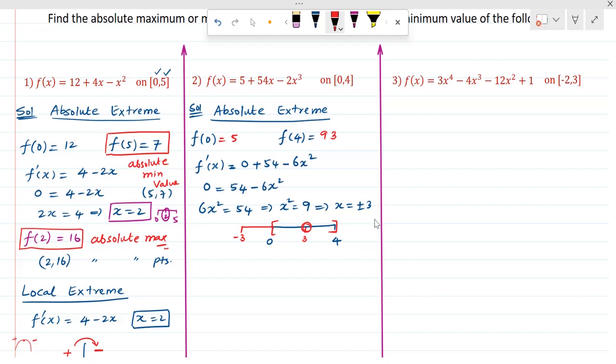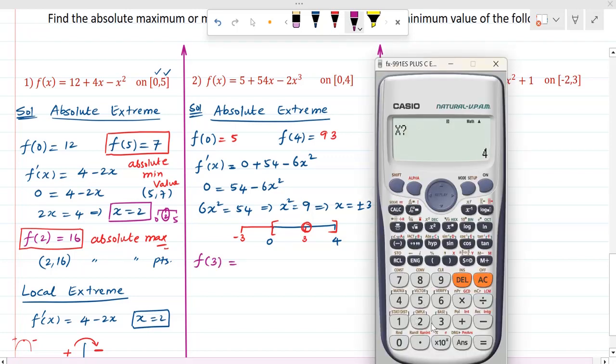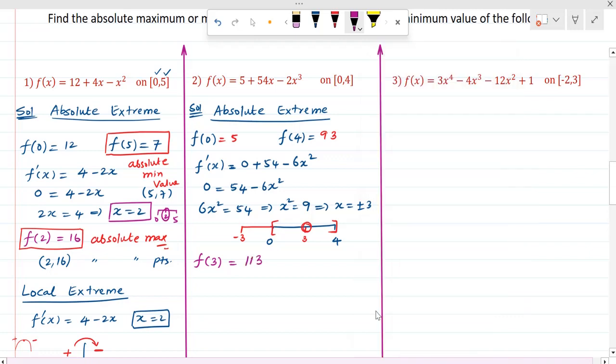Now I have to calculate one more. We have to calculate f of 3, not f of minus 3, because minus 3 is outside the given interval. So I just calculate 3. What happened? 113. Now what is your conclusion?